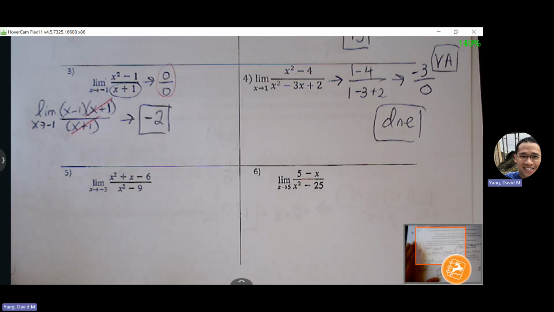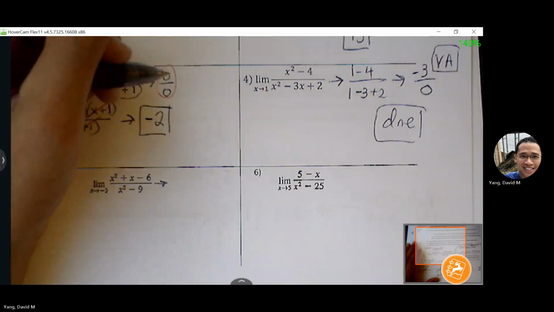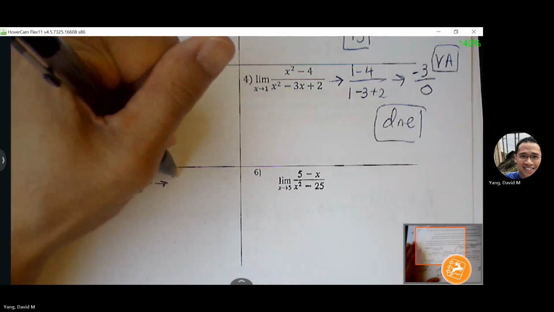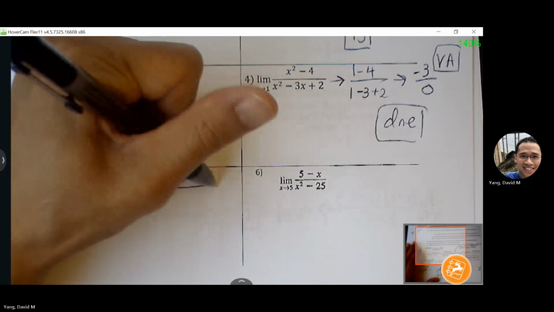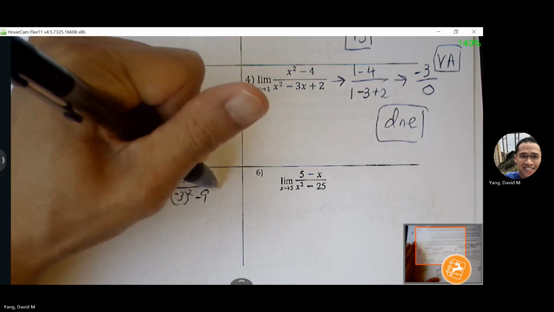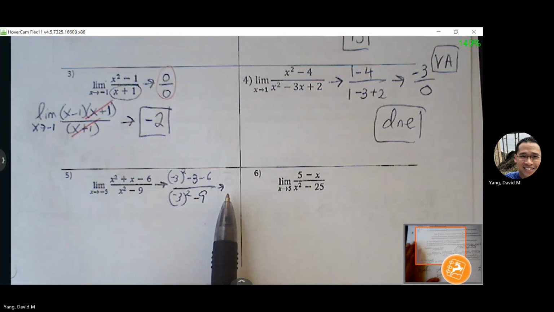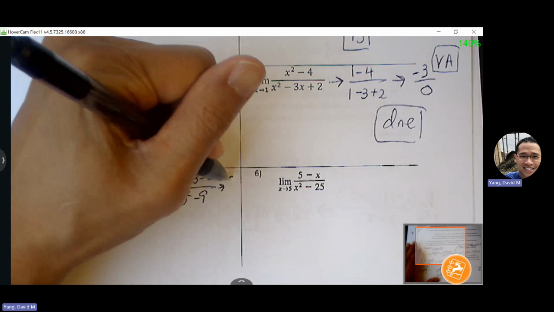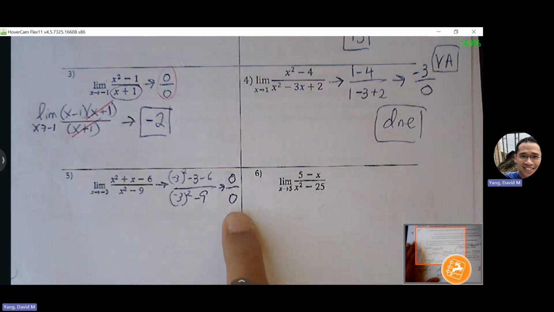Okay. Number 5, first steps first, direct substitution. Okay. Numerator, we get 0. Denominator, we get 0. Therefore, what?